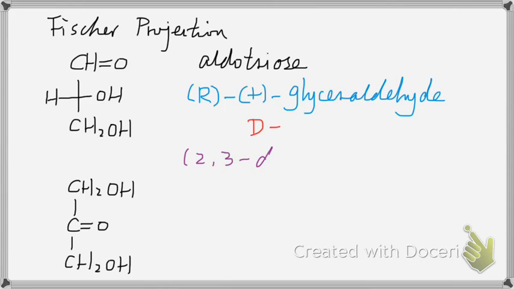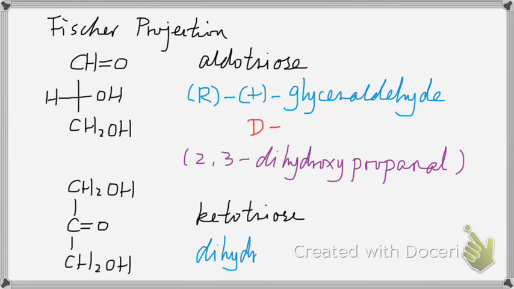Anyway, the IUPAC nomenclature for this aldyl triose is 2,3-dihydroxypropanal. All right, and this is the only aldyl triose available. The name for the keto triose is dihydroxyacetone.